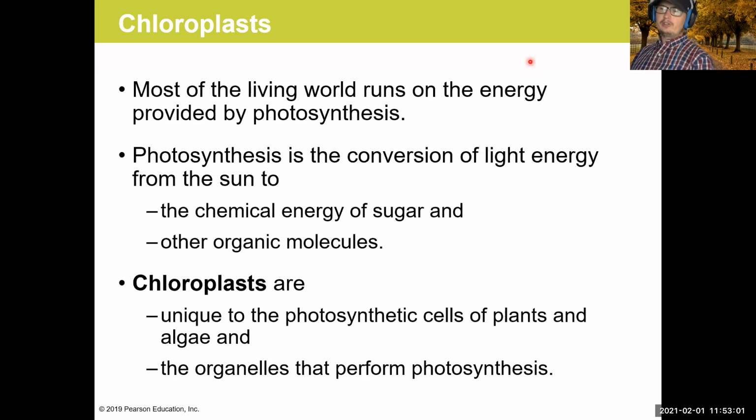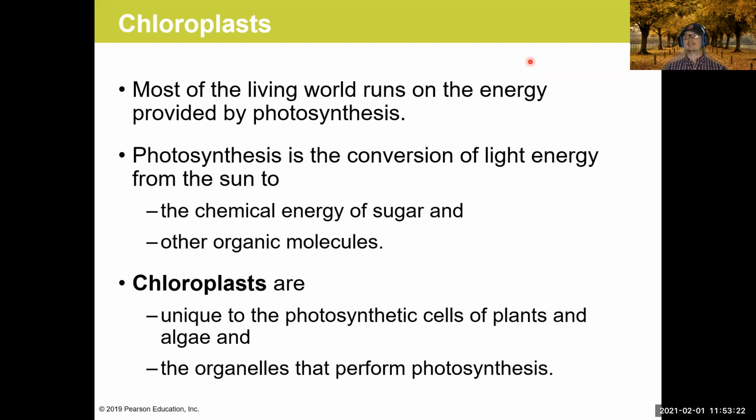And what we're going to first start off with are the chloroplasts. And so chloroplasts are important because this is where photosynthesis happens in plants. And photosynthesis is the conversion of solar radiation into glucose, into organic molecules.